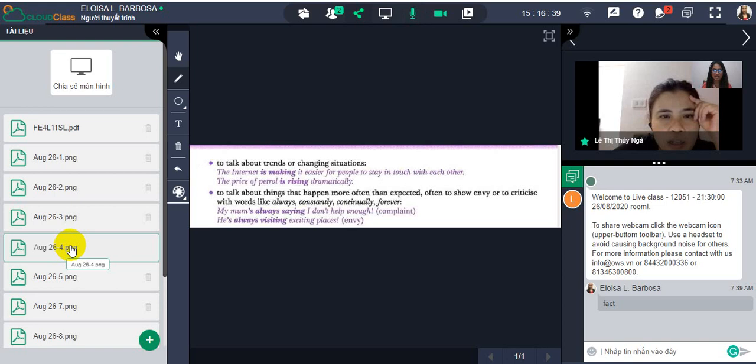The internet. Trend or changing situation. Making.